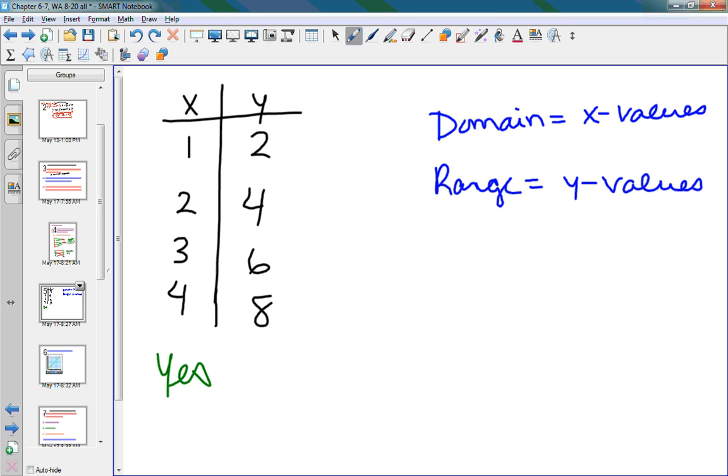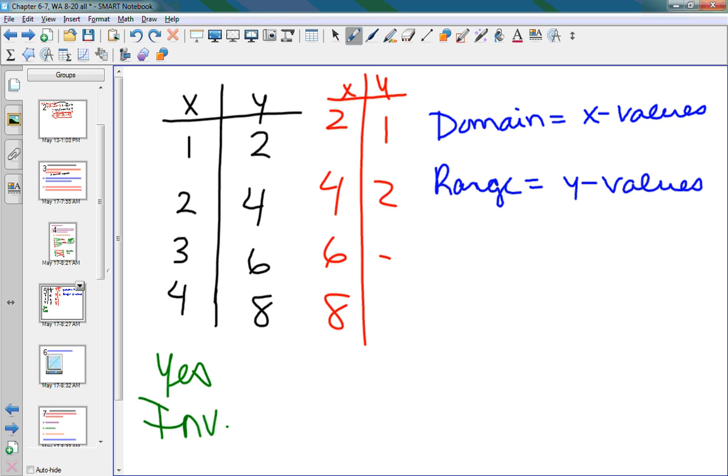So since it's a function, my next question is, is it a one-to-one function? In other words, did my y's repeat? No, my y's didn't repeat, so therefore I have an inverse. And since I have an inverse, that means that my x values and my y values are simply going to swap. So therefore my inverse is going to be 2, 4, 6, 8, and 1, 2, 3, 4.